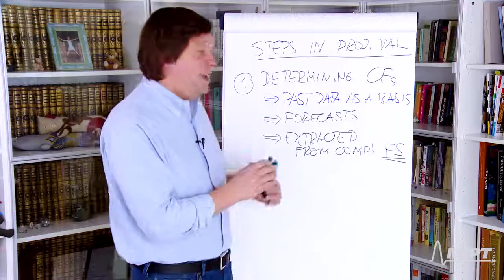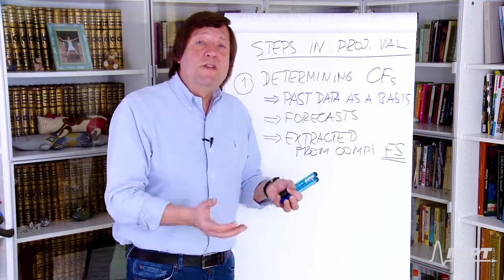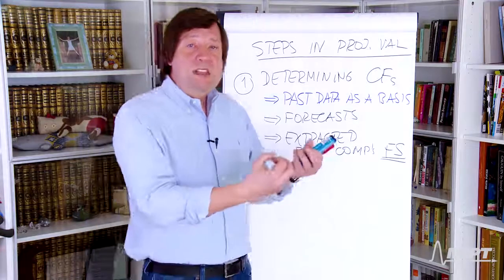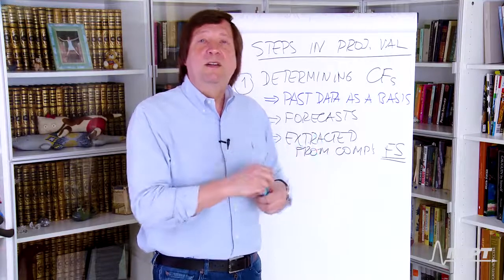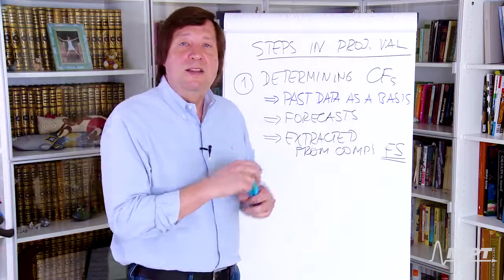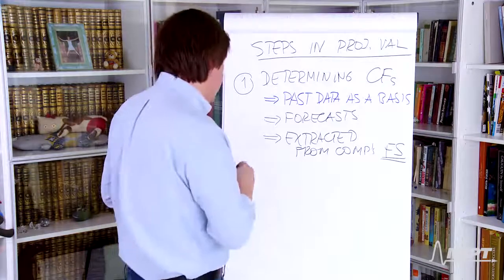But for now, I'm just saying that the financial statements of the company are the source from which normally we take some initial inputs to later build the models and then use the NPV to evaluate these models.